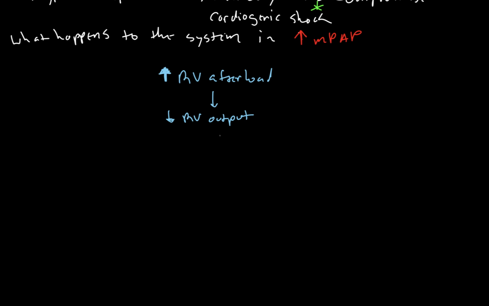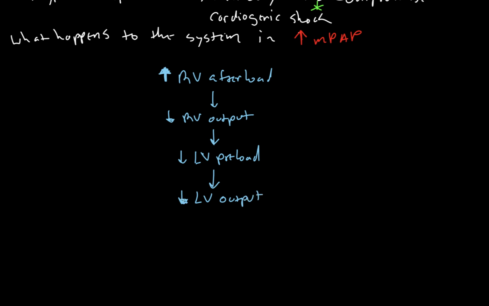So we're also going to decrease our LV preload, because it all has to go through the system. It goes through the right heart, through the pulmonary vasculature, and then to the left heart. So if nothing goes to the left heart, then we reduce our LV preload, and if we reduce our LV preload, that means we also reduce our LV output, so our cardiac output.